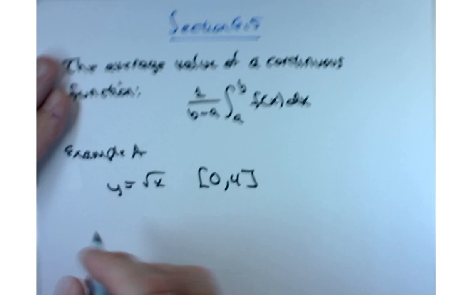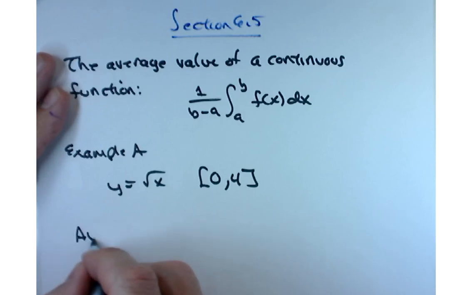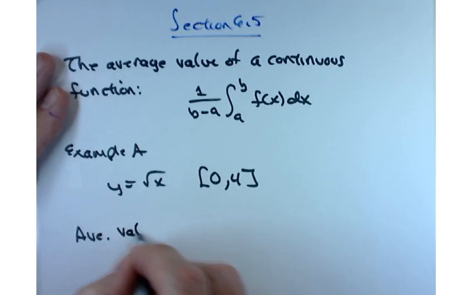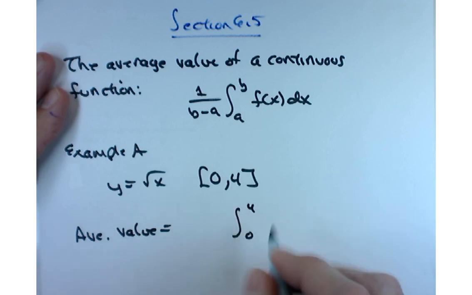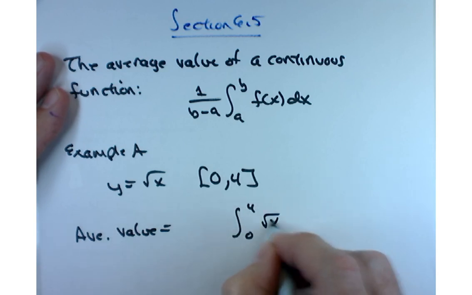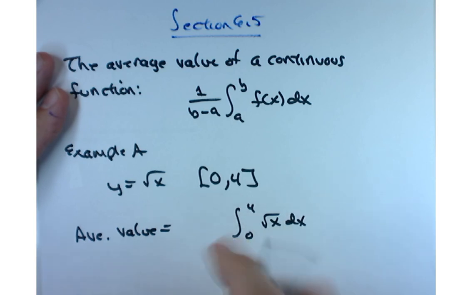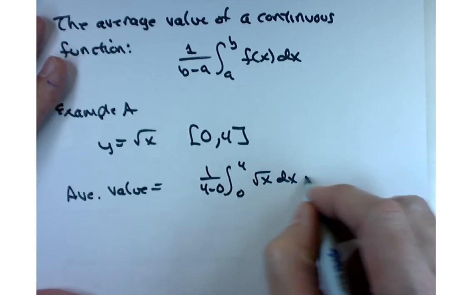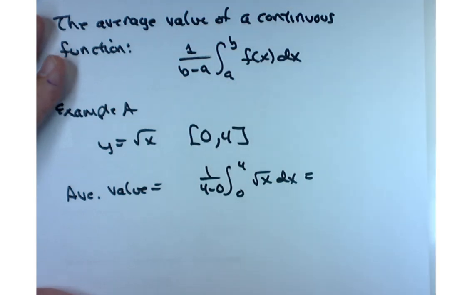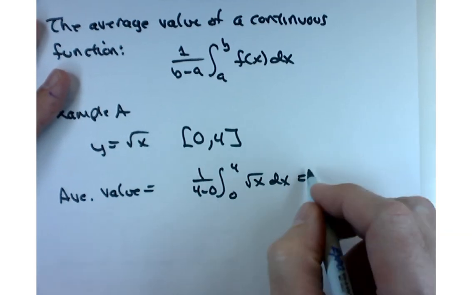So to find the average value, it is going to be the integral from 0 to 4 of the square root of x dx. But then I'm going to multiply by the reciprocal of the length of this interval. So it's 1 over 4 minus 0. Now, if you're stuck doing this by hand, you'd probably do a couple things.